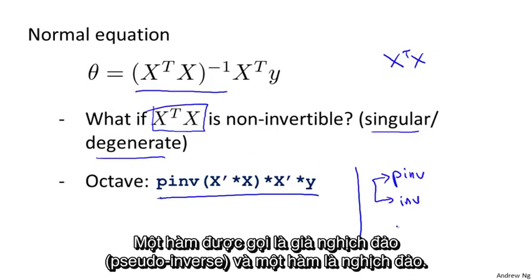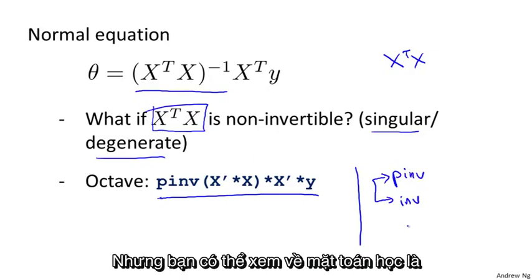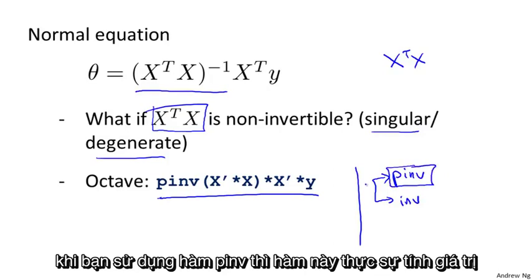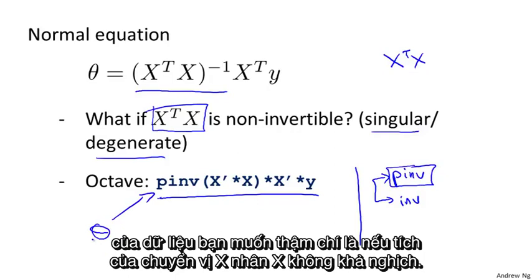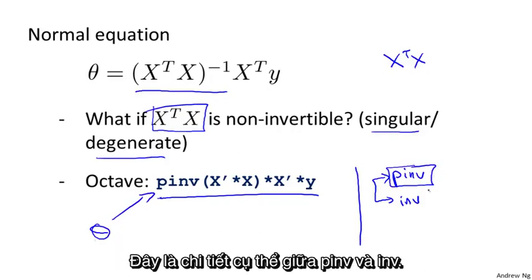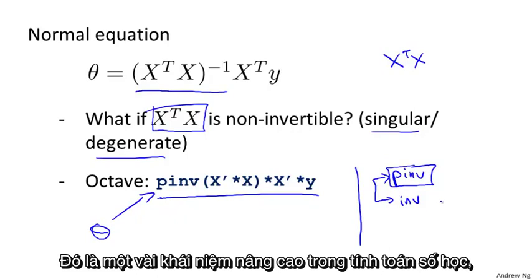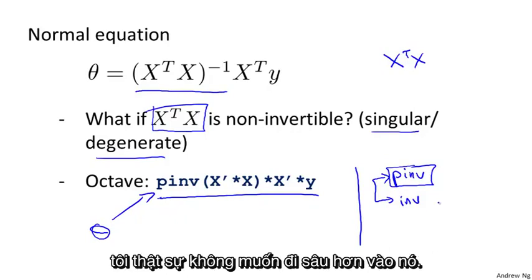One's called the pseudo-inverse, one's called the inverse. But you can show mathematically that so long as you use the pinv function, then this will actually compute the value of theta that you want, even if X transpose X is non-invertible. The specific details of the difference between pinv and inv are somewhat advanced numerical computing concepts that I don't really want to get into.